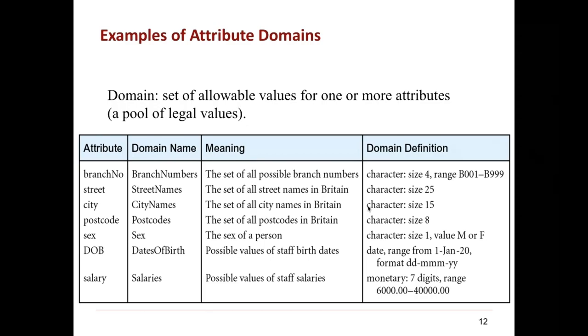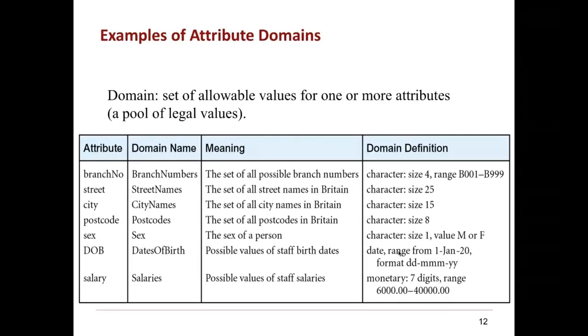So we will say that city consists of characters, and the maximum size we are allowing here is 15 characters only. Similarly, postcode consists of characters, and the maximum size we are allowing is 8, so the user cannot enter more than 8 characters.